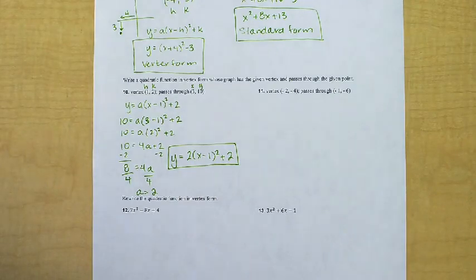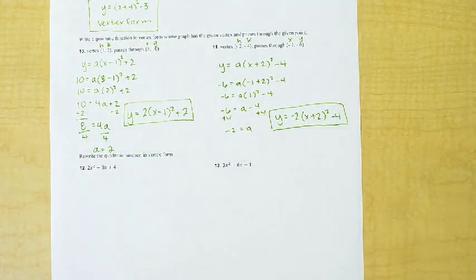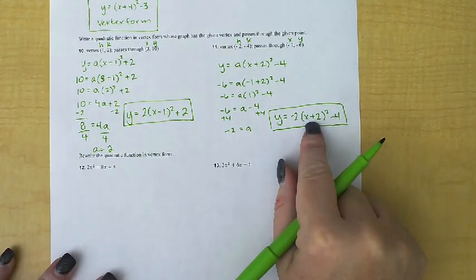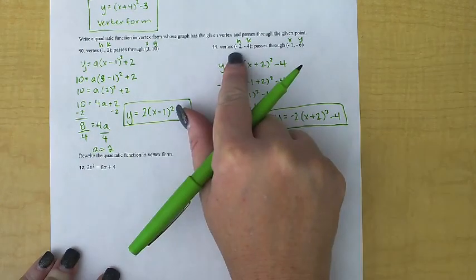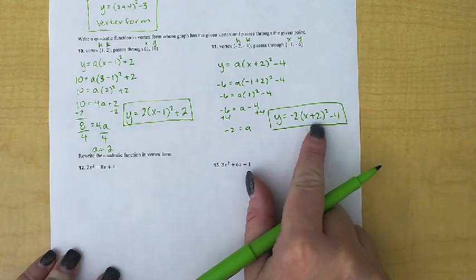Go ahead and pause it again. Do number 11 real quick and come back and check your answer. All right, you should have gotten y equals negative 2 times x plus 2 squared minus 4. Remember, that becomes a plus because our h is a negative. It brought a negative with it, turned to a positive.